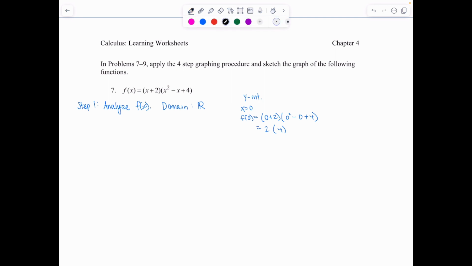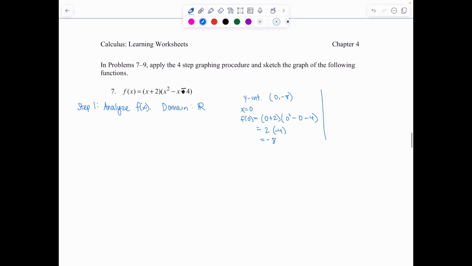There's another typo here. This is a minus 4. Negative 8. So our y-intercept is (0, negative 8).